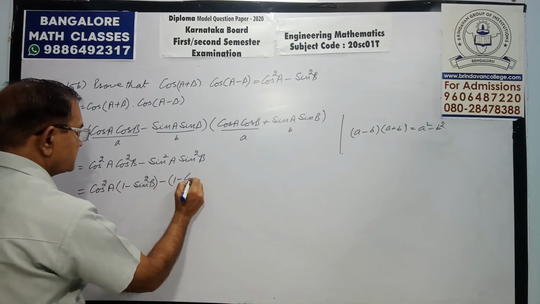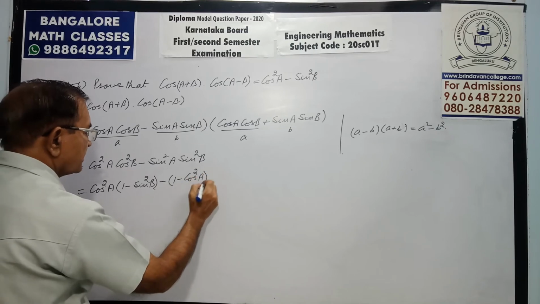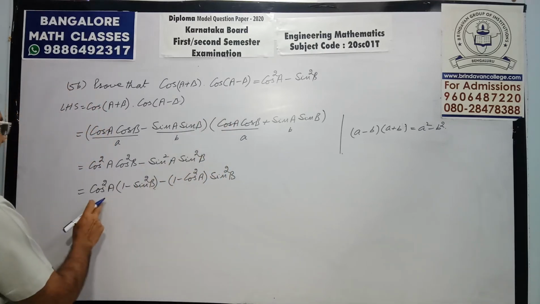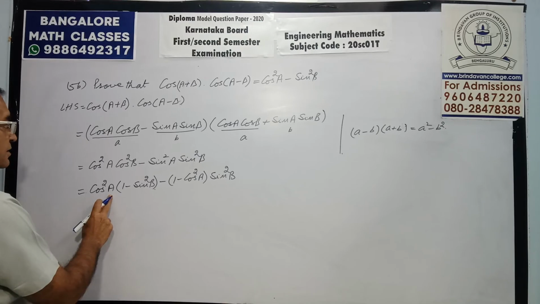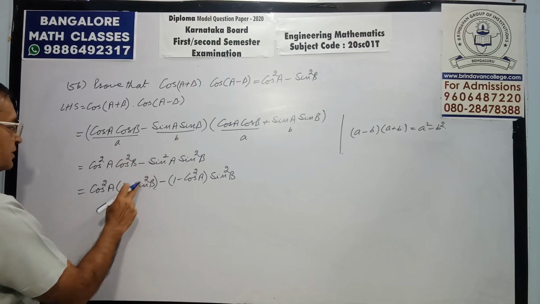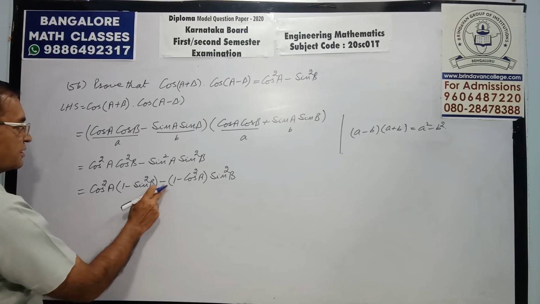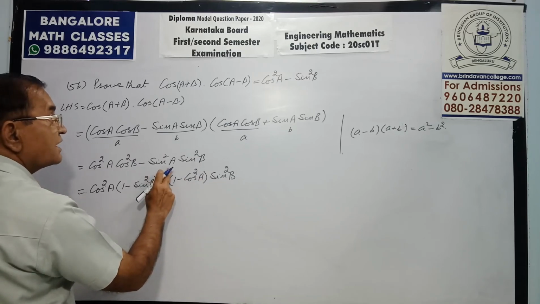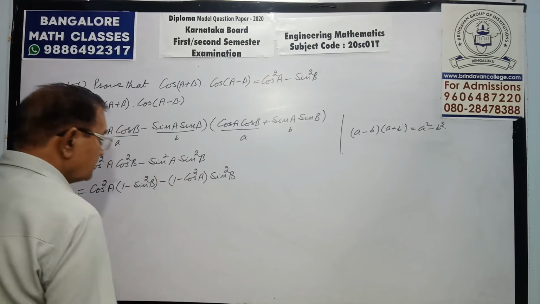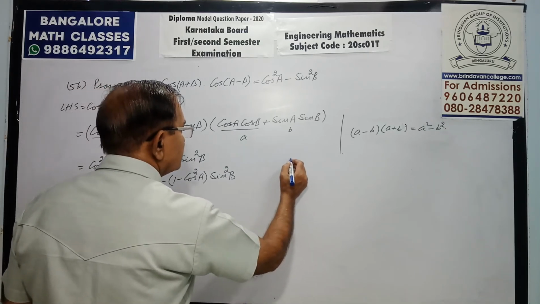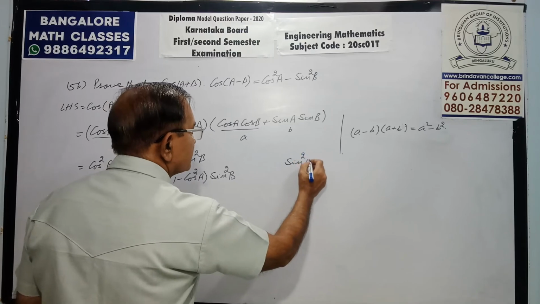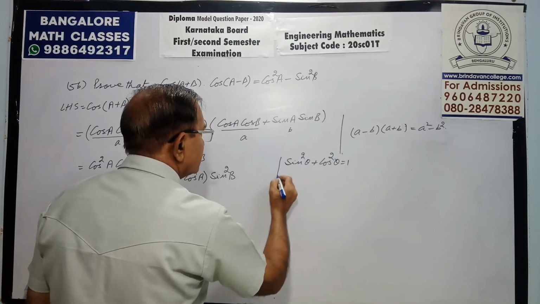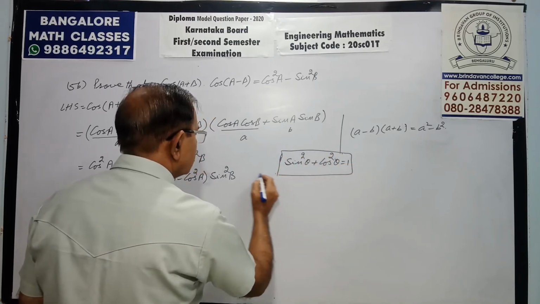Put it as 1 minus cos square A into sin square B. I have converted it using the identity sin square theta plus cos square theta equals 1. So I have used that identity here.